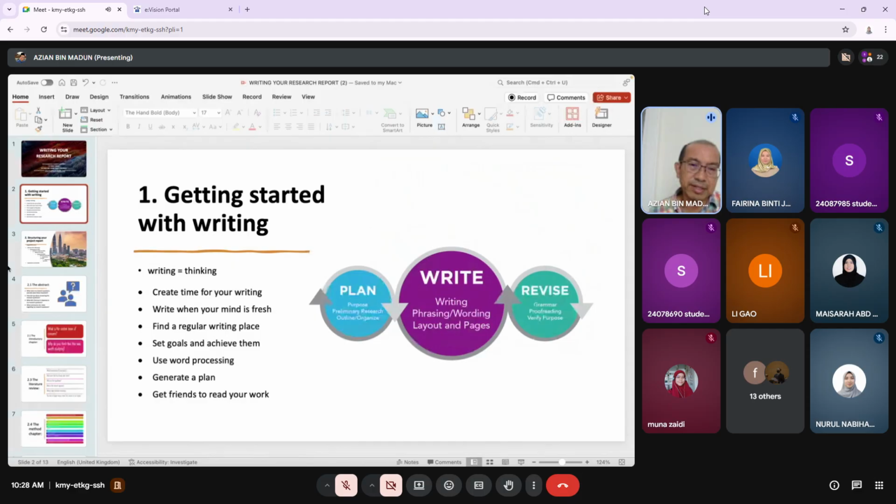Because nowadays, maybe I'm not so sure whether this slide is still relevant. It's still relevant, just that nowadays kita ada AI. AI can help you a lot in terms of writing lah. I'm not so sure whether this one is relevant anymore, because in the old days we used to plan, right?